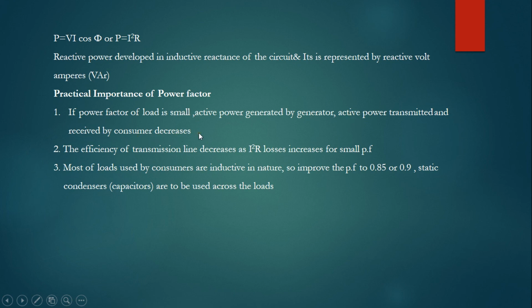Because phi is small, as you can observe in the power triangle, the active power will decrease, power transmission will decrease. So as VI cos phi decreases, it will also decrease.